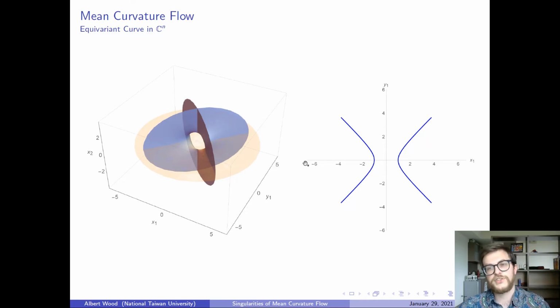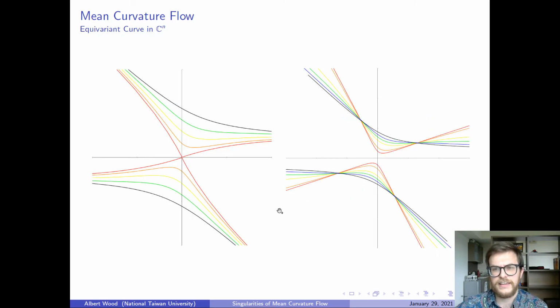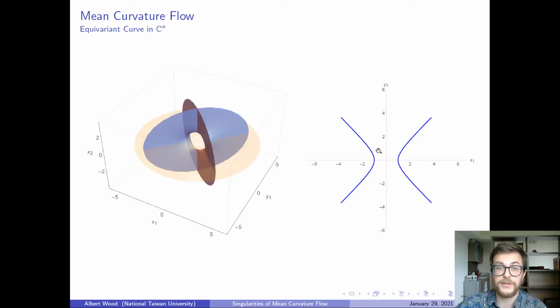So this is an example of a type 2 blow-up where we end up with a static eternal solution to mean curvature flow as the type 2 blow-up. So bizarrely, the singularity is more and more closely modeled on a minimal submanifold as the singularity forms. So the second fundamental form is blowing up, but it's actually not obvious that the mean curvature is blowing up, given that the model has mean curvature 0.